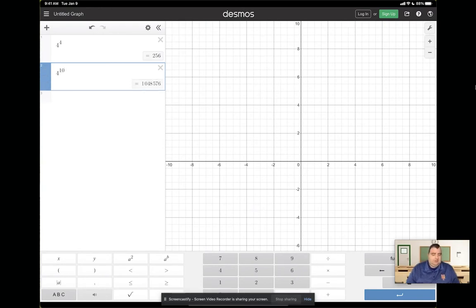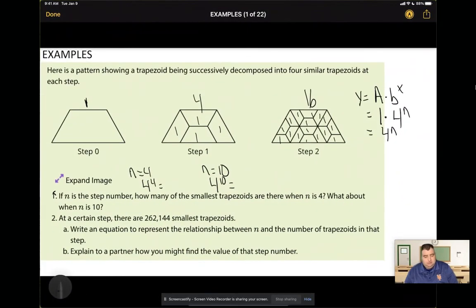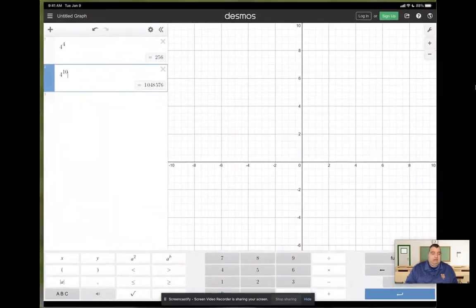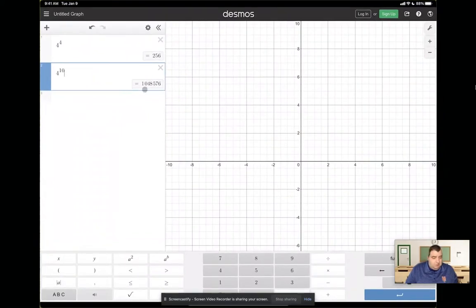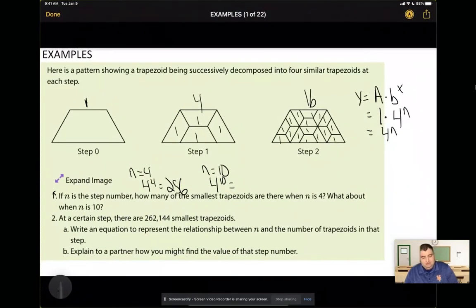There's my answer. When n equals 4, there'll be 256 trapezoids. And at 4 to the power of 10, at step 10, it'll be 1,048,576. So there's your answer to number 1.